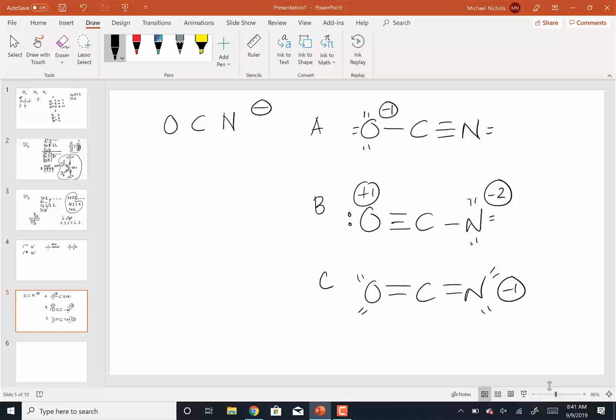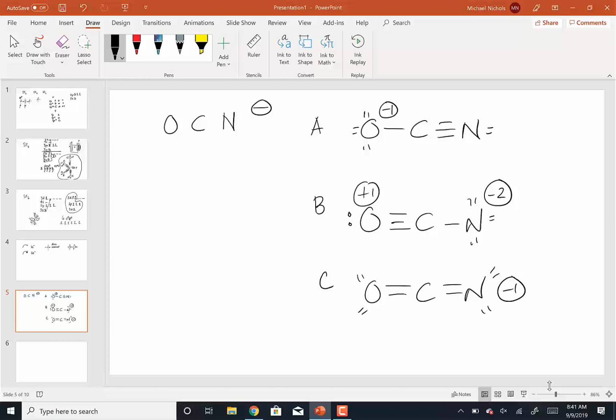So the resonance structure that is most stable is going to contribute most to the hybrid, which means the hybrid is going to look mostly like the most stable of these resonance structures. Okay. So we have to rank these.